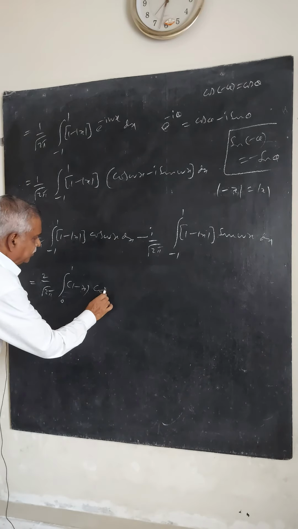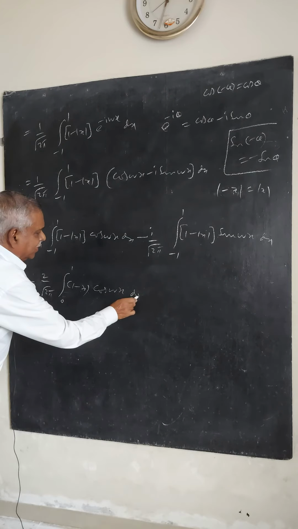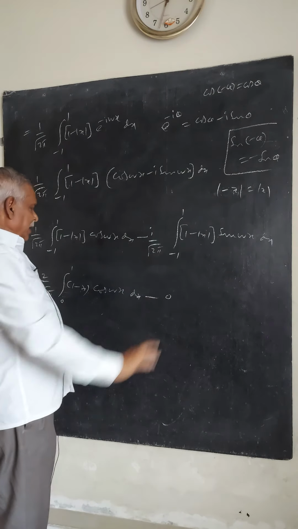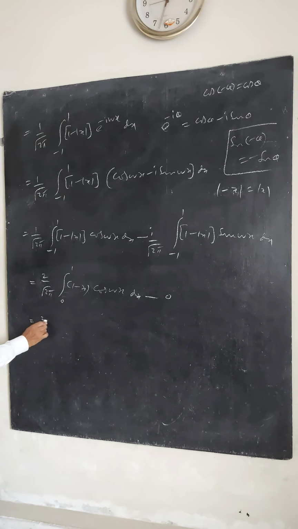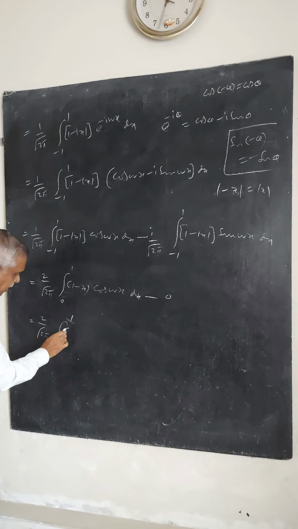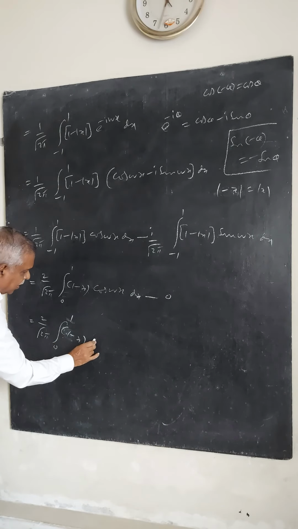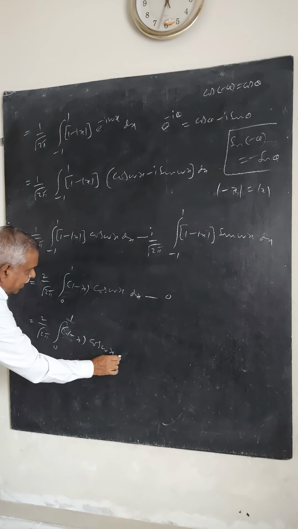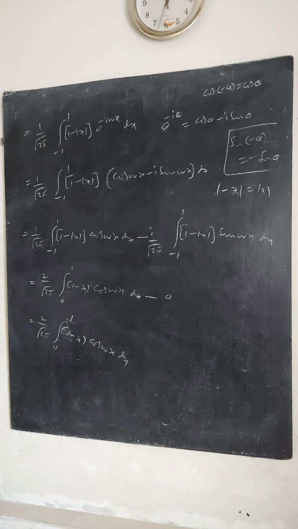Cos omega x dx. This odd function is entirely 0. So 2 by root of 2 pi integral 0 to 1, 1 minus x, cos omega x dx. Let us do Bernoulli's integral.